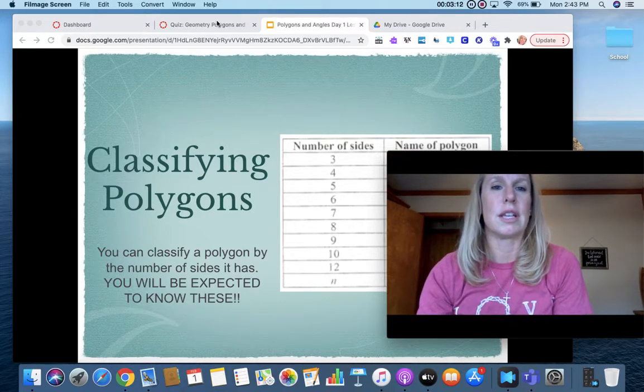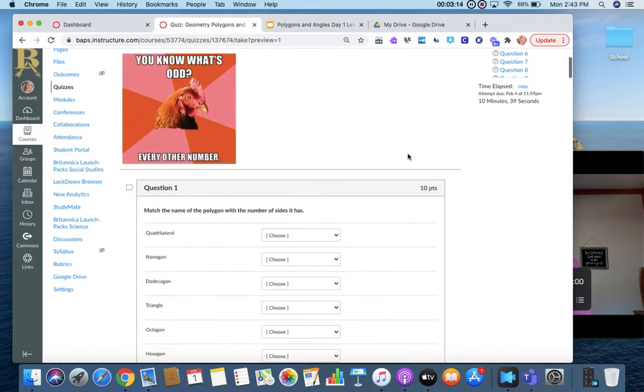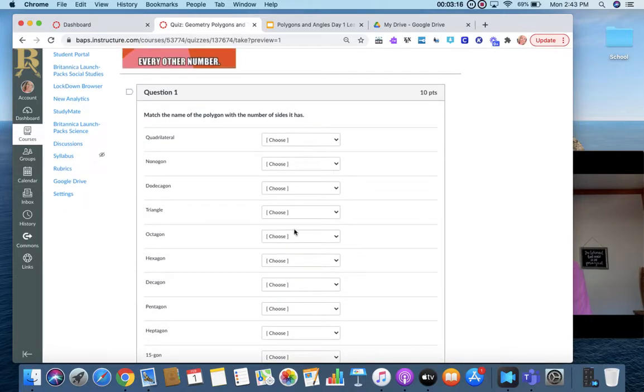So let's look at your assignment. On those first ones, you're going to have to know the names of all those polygons. So a quadrilateral, how many sides does a quadrilateral have? I hope you said 4, so quad means 4. What about a nonagon? Do you remember how many sides a nonagon has? Non sounds a lot like 9 to me, so it has 9.